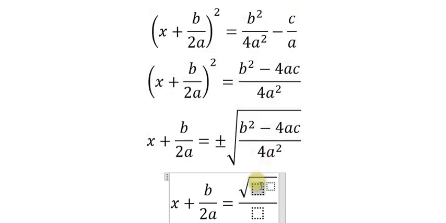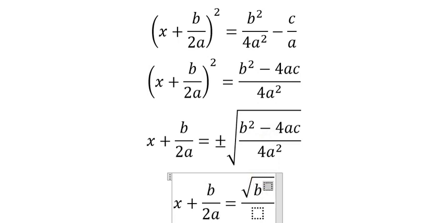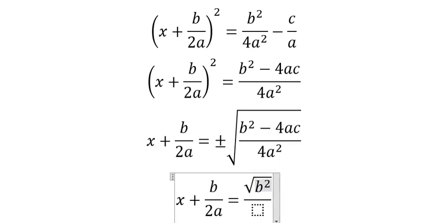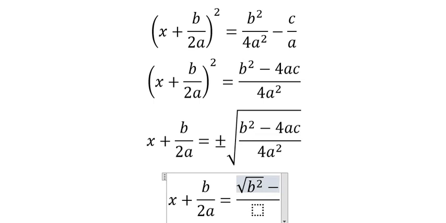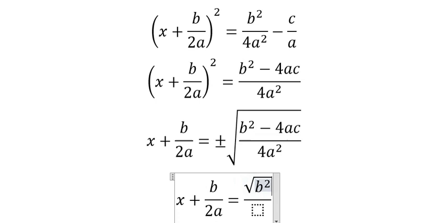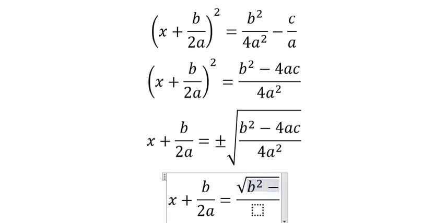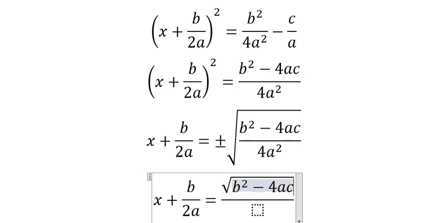Good. So b squared minus 4ac, all over, remember, 4a squared, the root should give us perfectly 2a.